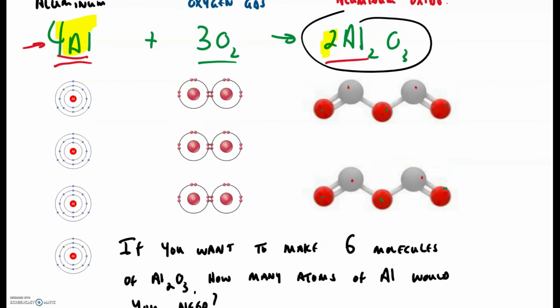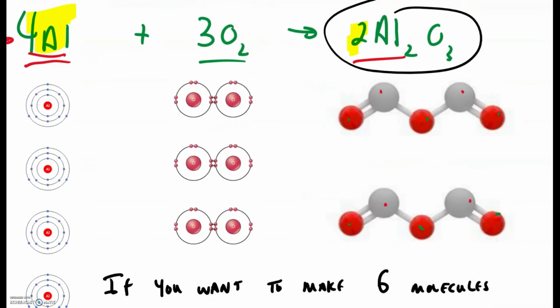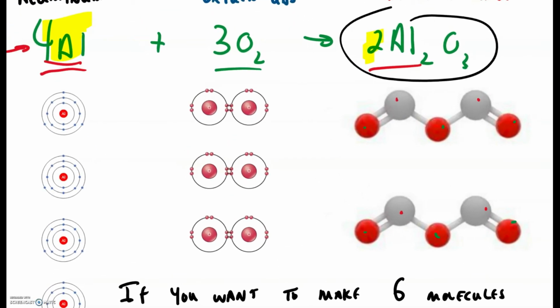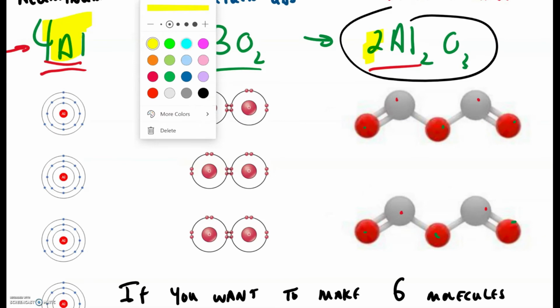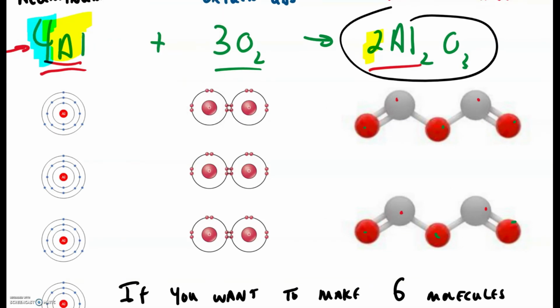And let's remember that when we're looking at this balanced equation, these big numbers here are called coefficients. And they tell us not just how many atoms, but how many moles. So we could rephrase this equation.